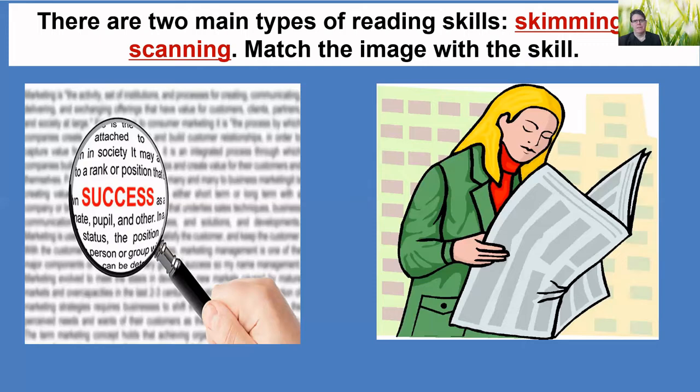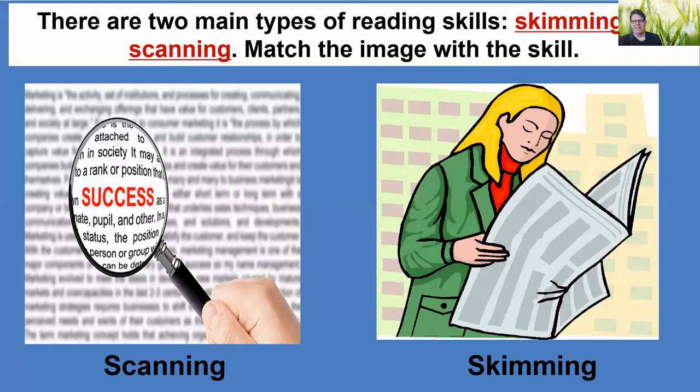Okay, so it's been about 30 seconds. I'm sure you guys already matched it. Here we go. The first one is scanning. Think of it as like a scanner, right? You're scanning. And then skimming. And what exactly do these 2 words mean?